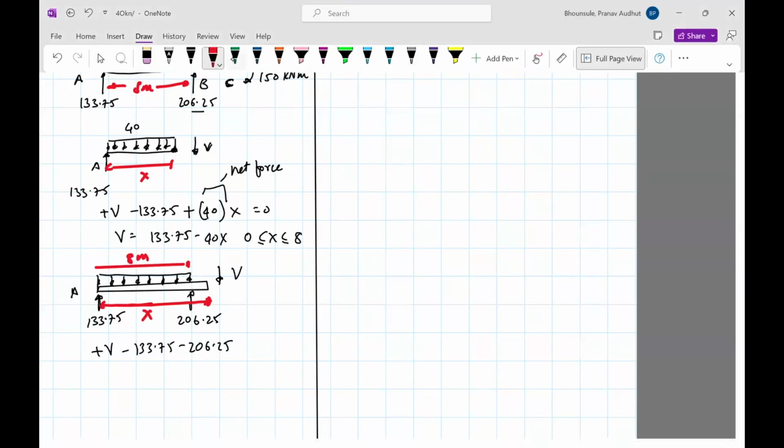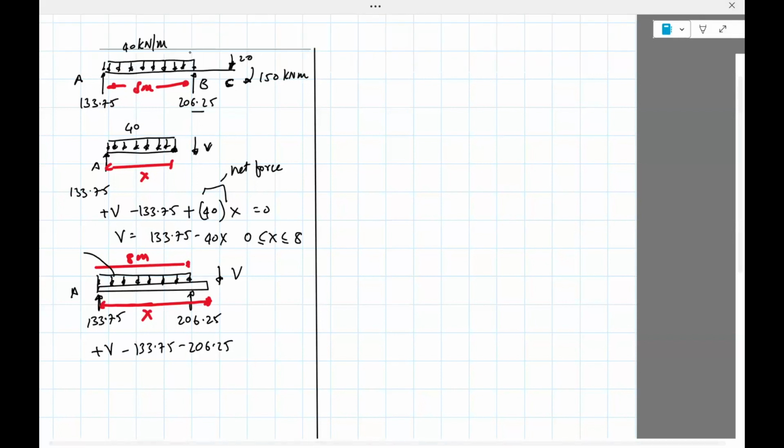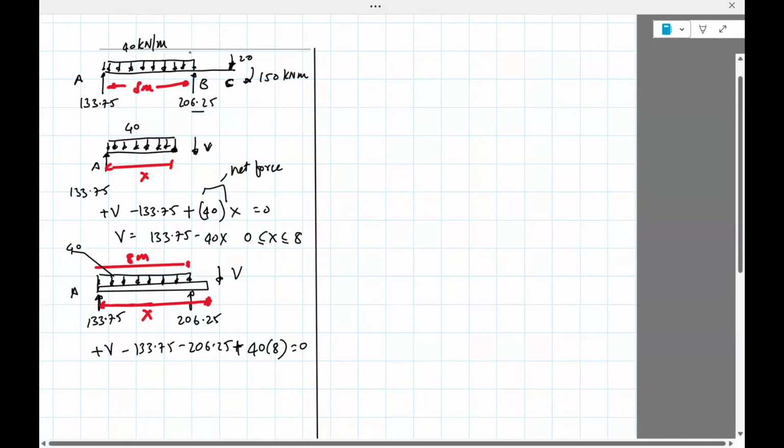Here, the complete load due to that 40 kilonewton per meter acting over 8 meters will show up. So we have 40 times 8, and remember, it's acting downwards, so it's positive. That should be equal to 0.